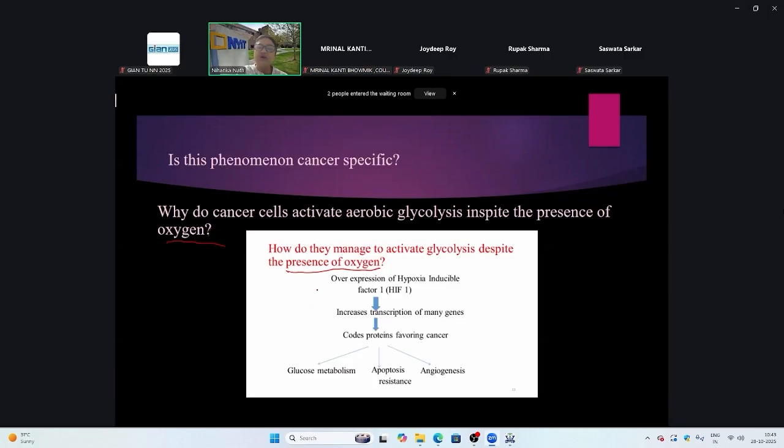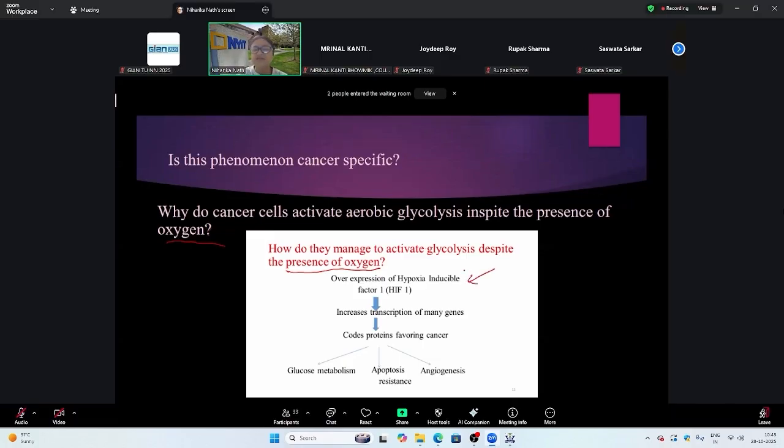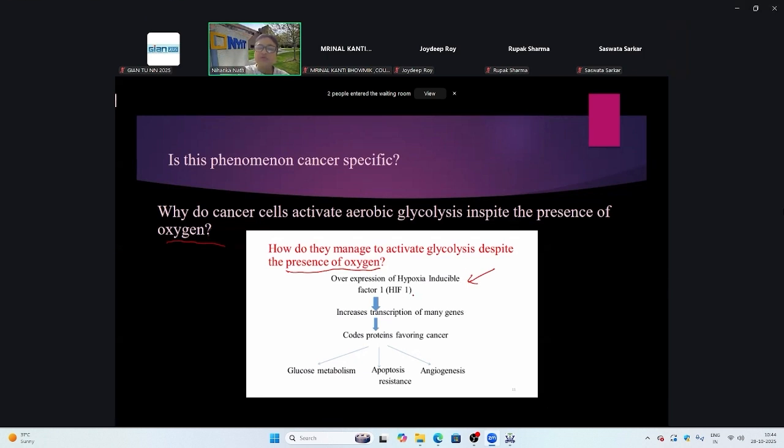And when that happens, in our systems we have this gene that can get activated. It's called the hypoxia inducible gene. And so, what is hypoxia? Hypoxia is a condition of having low oxygen, right?